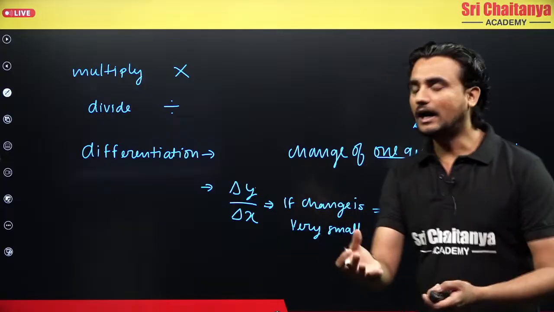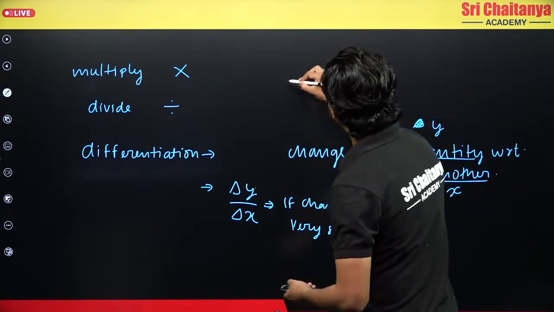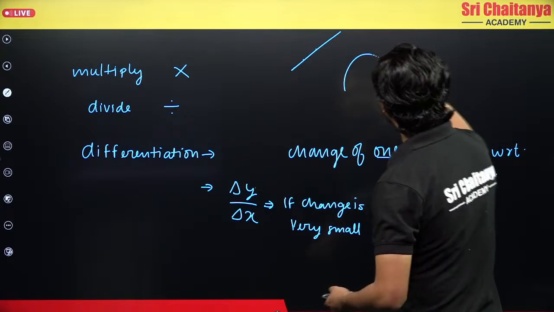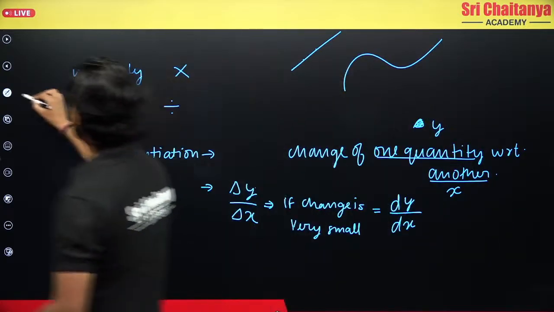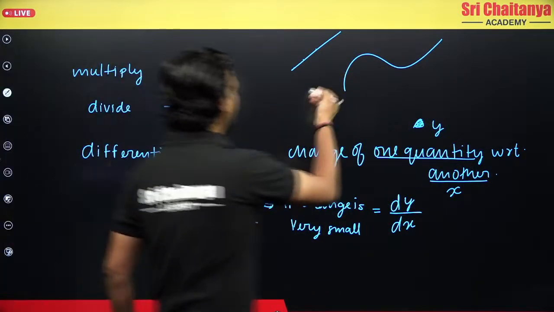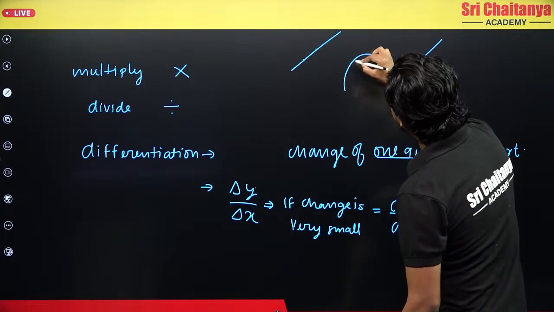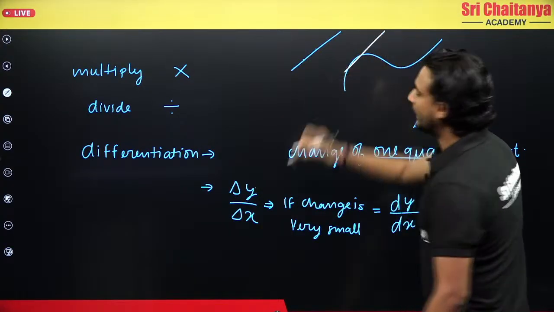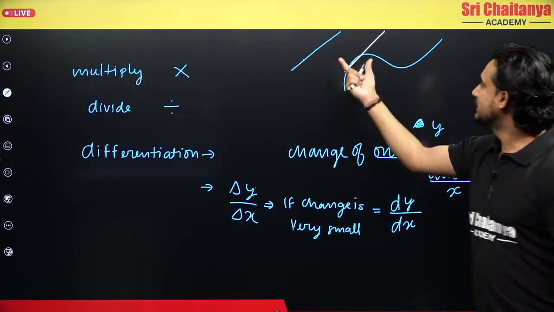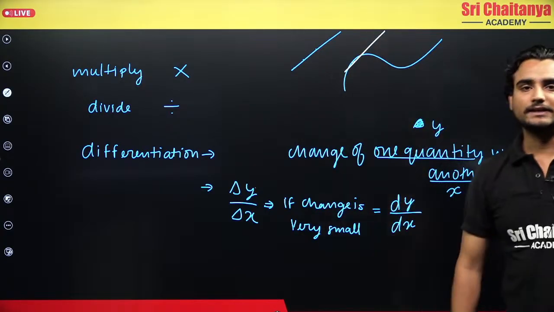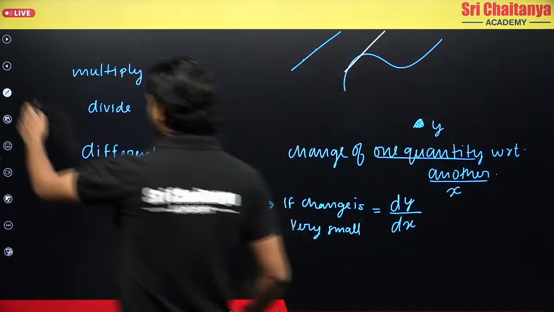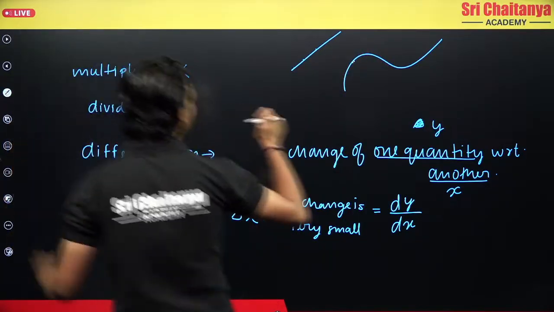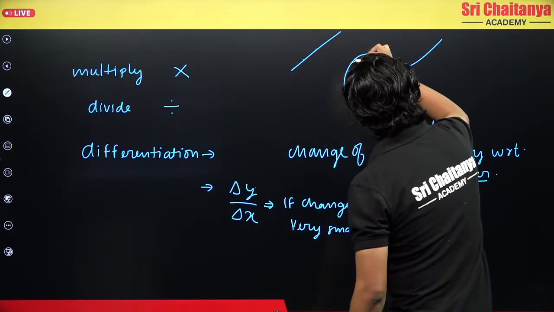So in this graph, to draw a straight line, what do I need? I need 2 points. But in this curve, if I want to find the slope, I will take 2 points which are very close to each other, and join them to find the slope at that particular point, which is the slope of the tangent. Let's say I have taken point 1 and point 2.